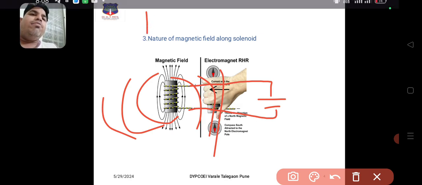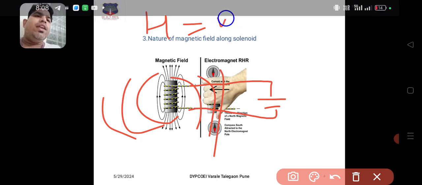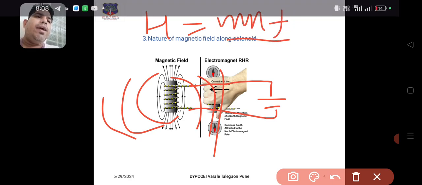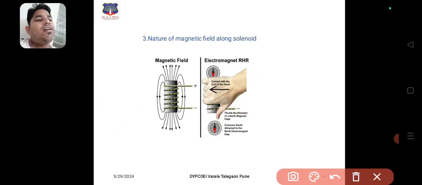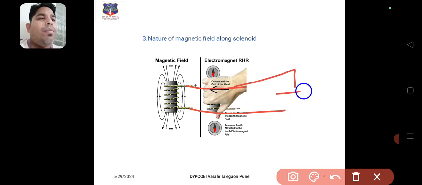What is the magnetic field strength? What will be the formula of that? MMF divided by L. So when the current passes through it, the magnetic flux is generated around it, and as shown in the diagram, it's nothing but one core.